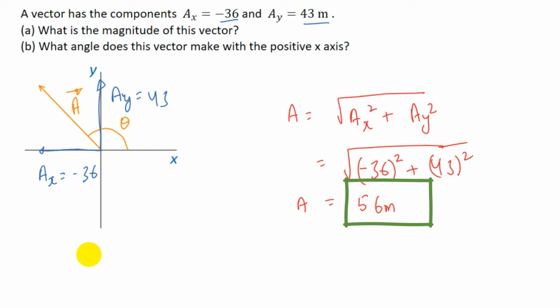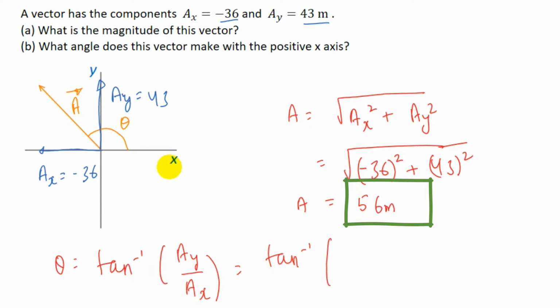Now theta. We derived this formula to be tangent inverse of the vertical component ay over the horizontal component ax. So this would be tangent inverse of 43 over minus 36, which comes out to be nearly minus 50 degrees. Now this value is true, but we need to find theta from the positive x direction.